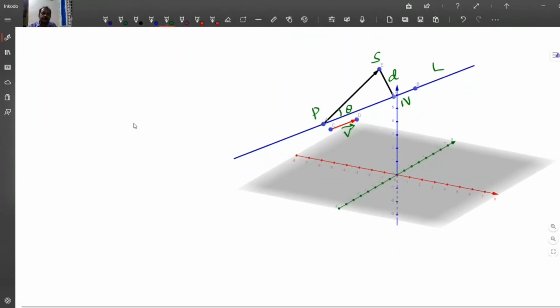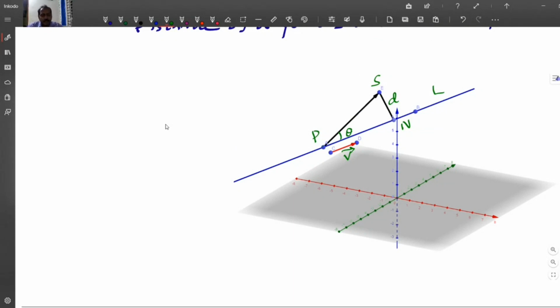Now from this figure, using the right triangle PNS, we have SN, so that is our distance d, equal to SN, that is equal to PS sine theta.